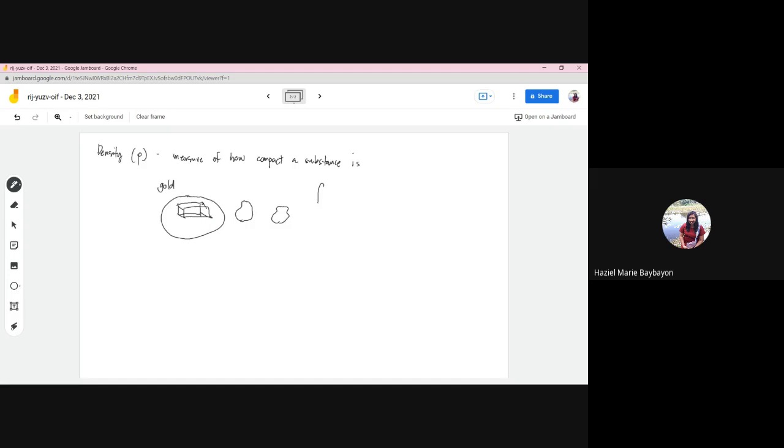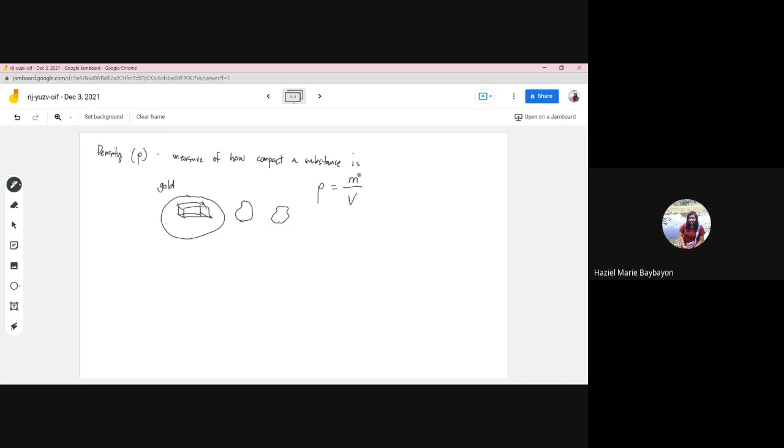So density can be measured by taking the ratio of the mass and the volume of that material. Okay, so for example, bar siya. So the volume can be obtained by measuring it through a ruler. So nakay magkuha kag length, width, ug height ani. So you can get the volume, and then you can just measure the mass of the object by using any balance, triple beam balance, analytical balance.